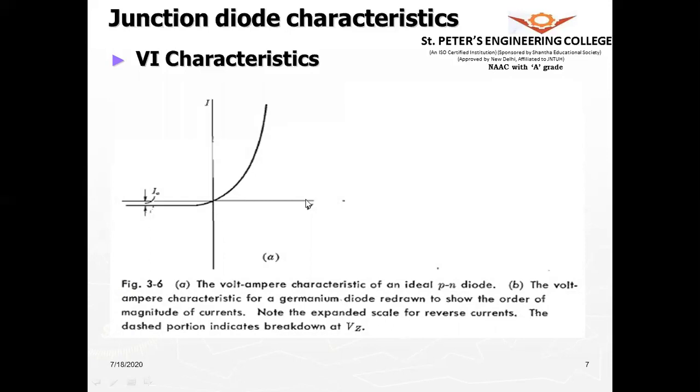But the voltage across the junction or the diode is very small, or it almost becomes constant. The voltage becomes approximately constant, and the current goes on increasing. This is for the forward bias. So this is the voltage along the x-axis and current I along the y-axis.